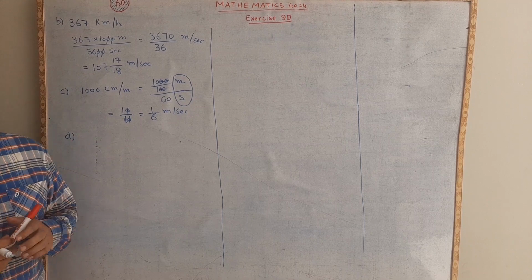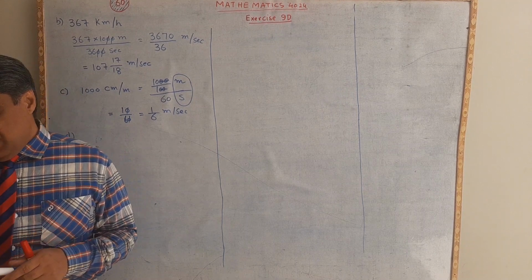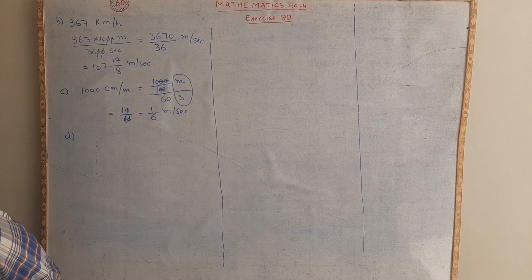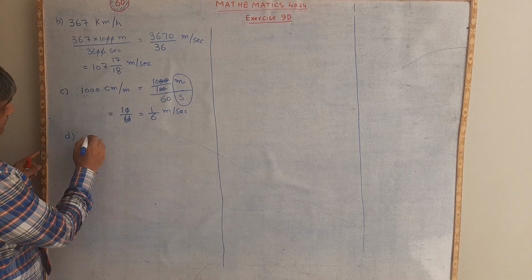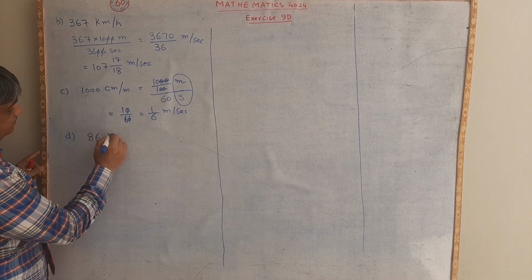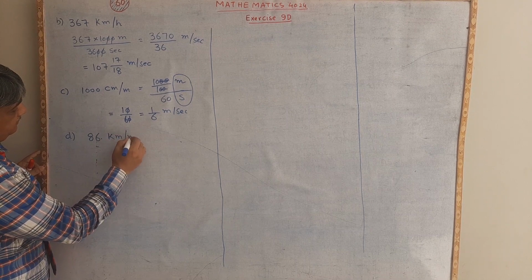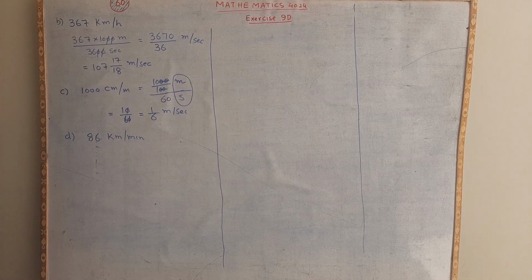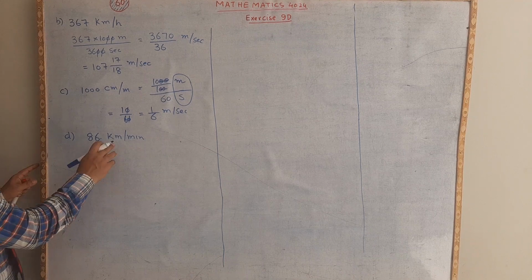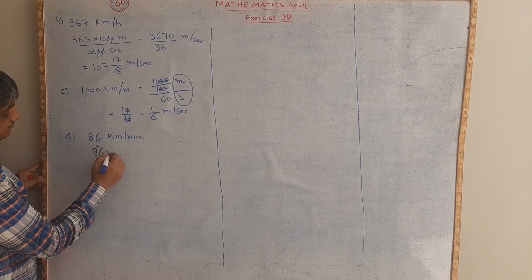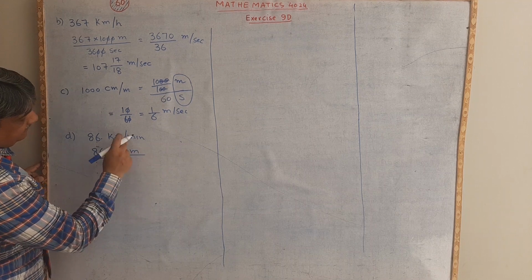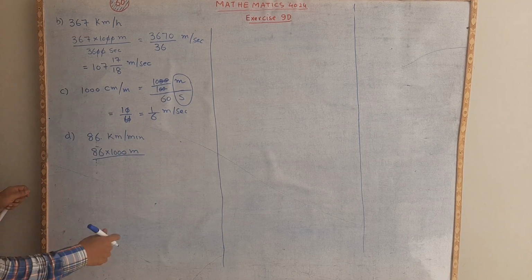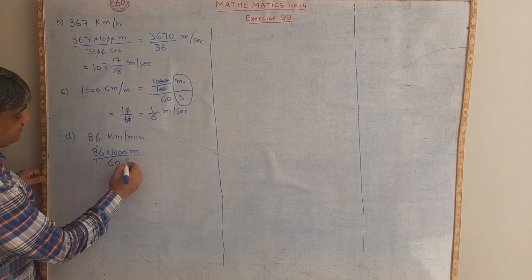Now D part is saying 86 kilometer per minute. Now 86 multiplied by 1000 meter, and in 1 minute how many seconds are there? 60 seconds.